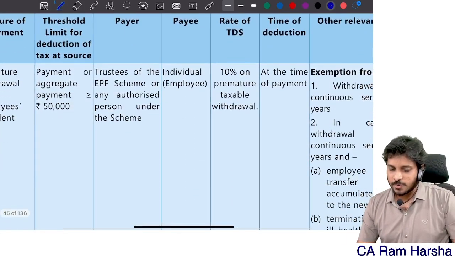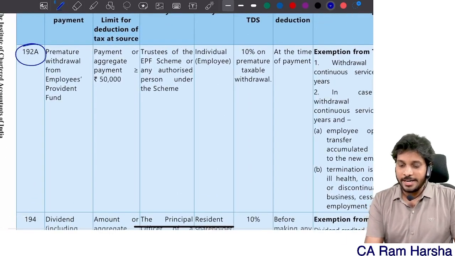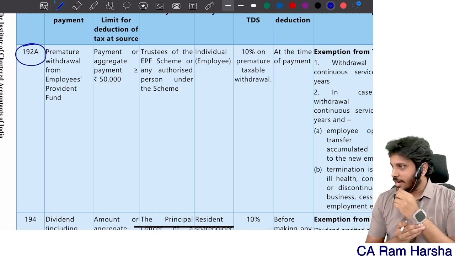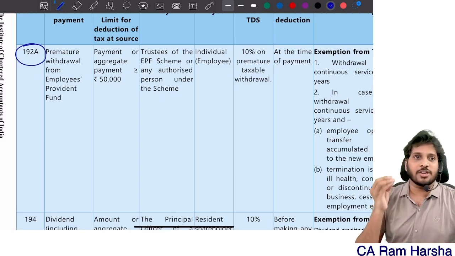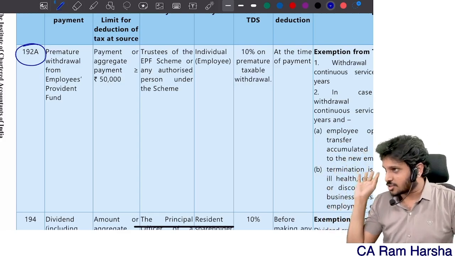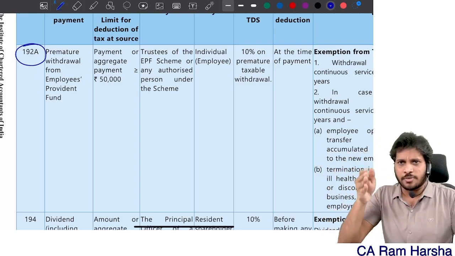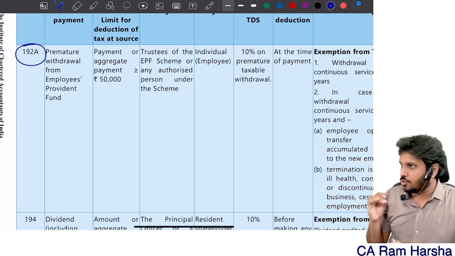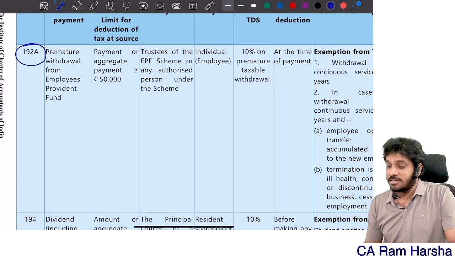Next, other TDS provisions. 192A, premature withdrawal of provident fund. Suppose an employee is withdrawing provident fund contribution before its maturity or before completion of 5 years. Premature means what? Generally you have to withdraw provident fund at the time of retirement. Before retirement, if you withdraw, generally it is treated as taxable. However, there are exemptions.